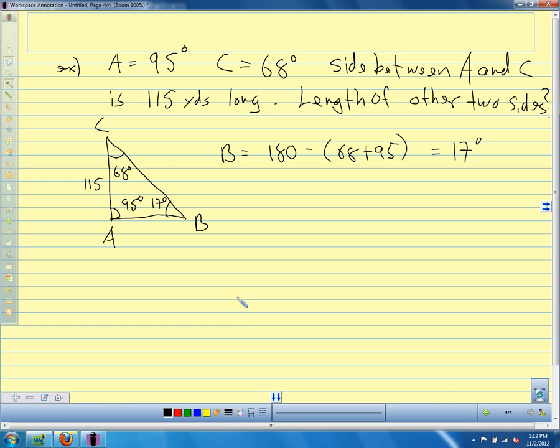And then we can just pick out a pair of equations to use to solve for other sides. So this is side A, this is side C. So why don't we start with side A? So we can say A over the sine of 95 equals 115 over the sine of 17.